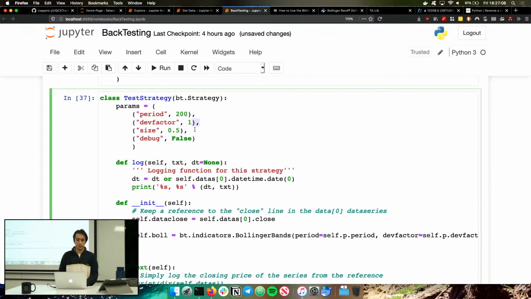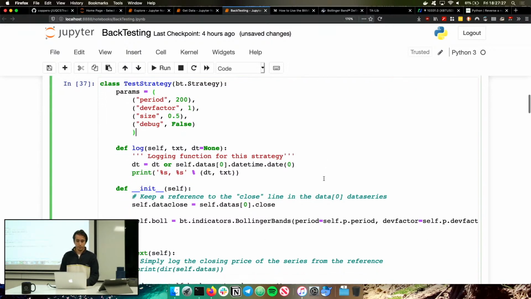The standard deviation factor, so the deviations above and below, we're going to say is 1. The size that we're willing to trade, that's the size of the underlying. So we're going to only ever trade, in this case of the strategy, half of the value of one Bitcoin. So let's say Bitcoin's worth $10,000, we will only engage in a $5,000 trade each time.